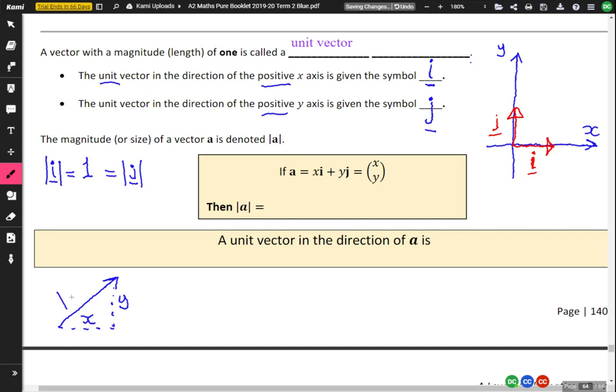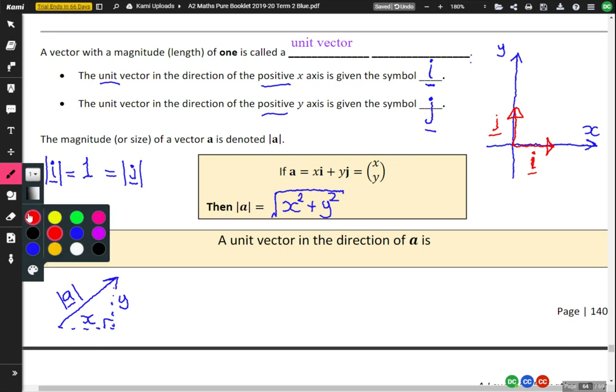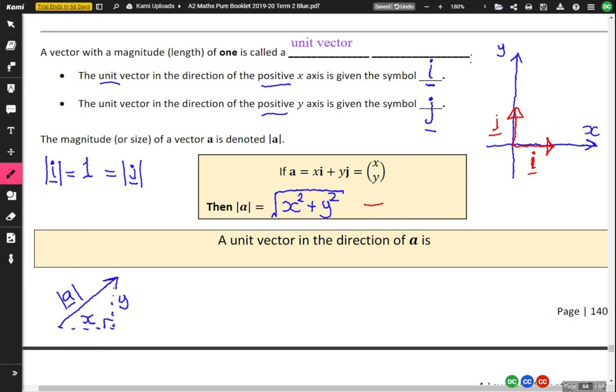Our length is the hypotenuse. We have a right angle triangle here, so we can do some Pythagoras. So the length of A is the square root of x squared plus y squared. And remember, that does not equal x plus y. Try it with numbers if you don't believe me. They are not the same.